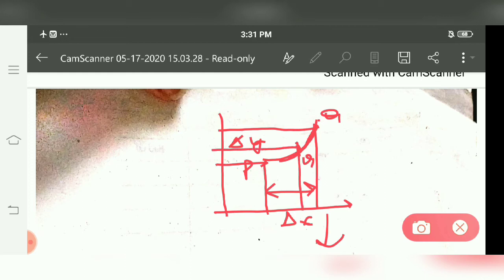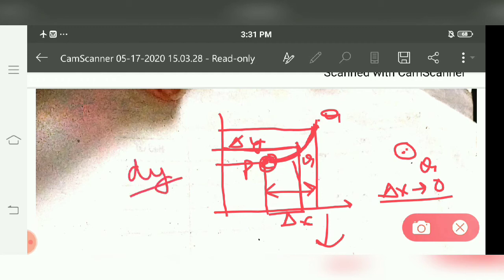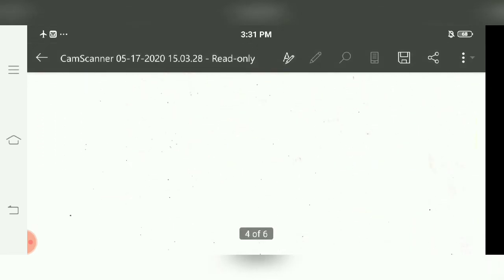So we observe that with the decrease of delta x, delta y is also decreasing. As Q approaches P, where P and Q almost coincide, delta x approaches 0, meaning this change is very, very small. In that case, this change becomes the instantaneous change, that is dy by dx. So this is the geometrical form of derivative.